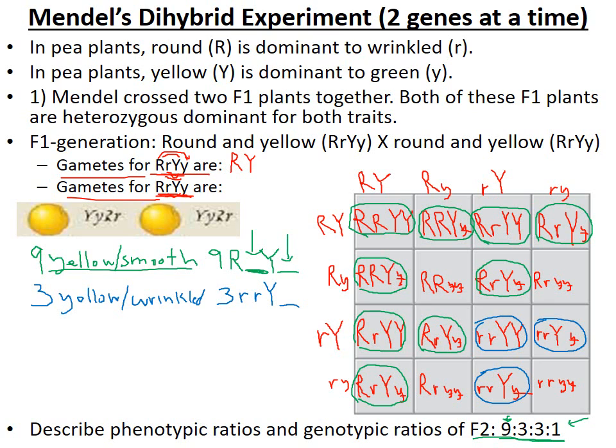And you probably guessed it. The other 3 will be dominant for the other and recessive for the other. So instead of being yellow, 3 will be green, because that's recessive for color.